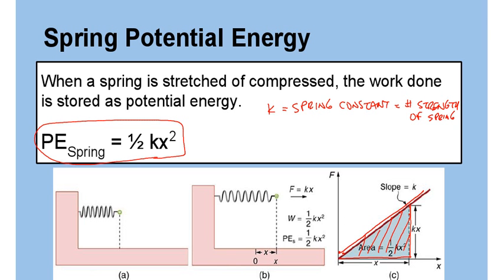Typically the units of k would be newtons per meter, meaning how much force do I have to put on it to compress it a certain distance. That will also turn out in joules. This whole potential energy thing will be measured in joules once we do it. We could multiply that out, but I don't know of any places we really have to do much with that.